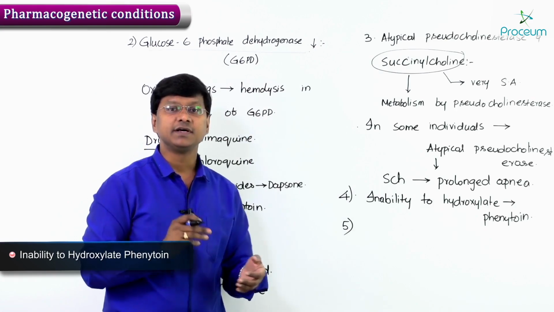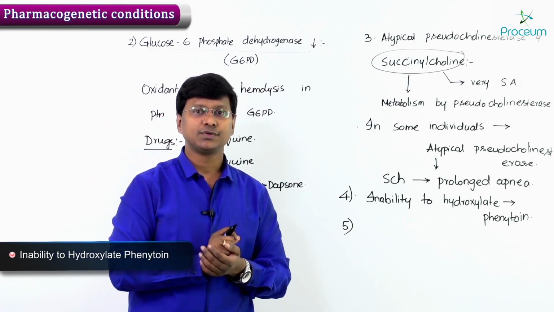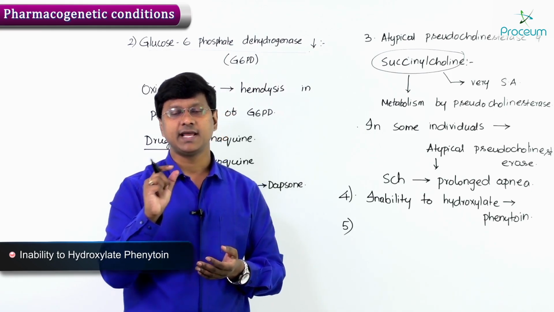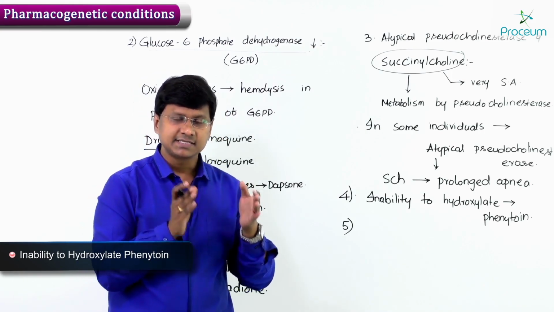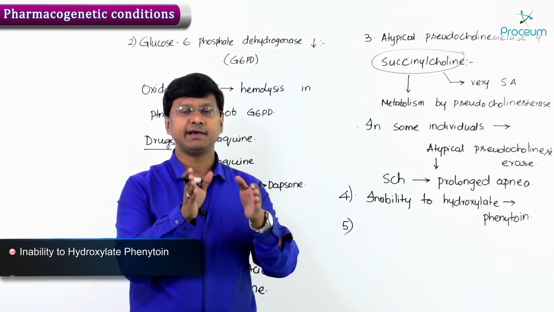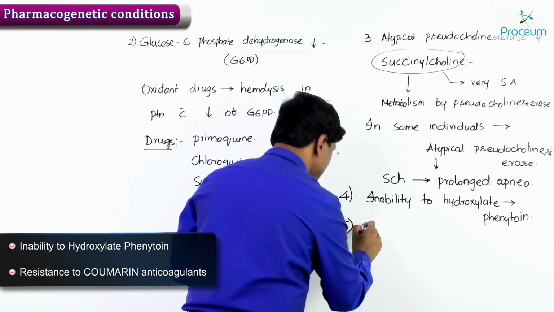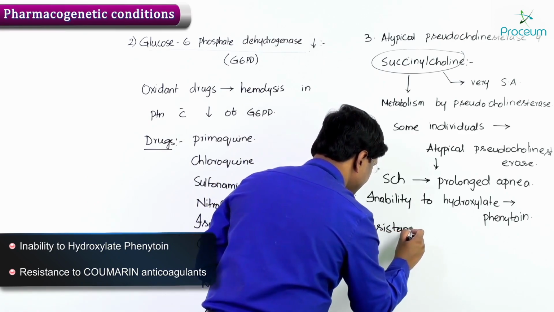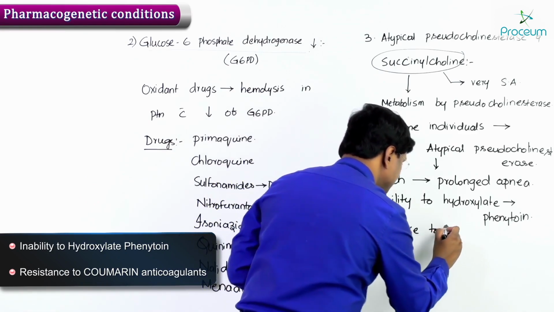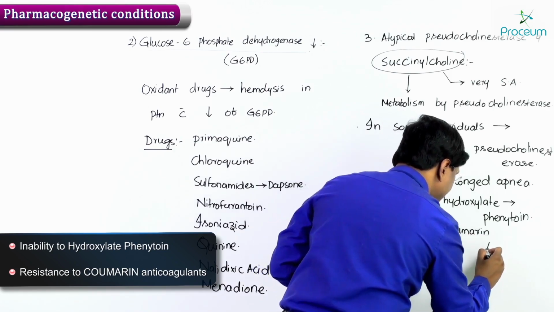Now we have another group of drugs, the anticoagulants. What are those? Coumarin anticoagulants, which are oral anticoagulants. A certain group of individuals have resistance to Coumarin anticoagulants.